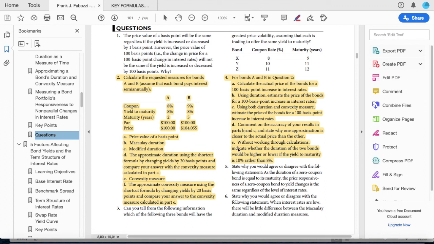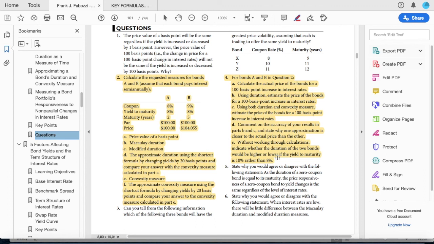Now the E: without working through calculations, indicate whether the duration of the two bonds would be higher or lower if the yield to maturity is 10% rather than 8%. So the accuracy of the results will diminish every time the yield change becomes higher.